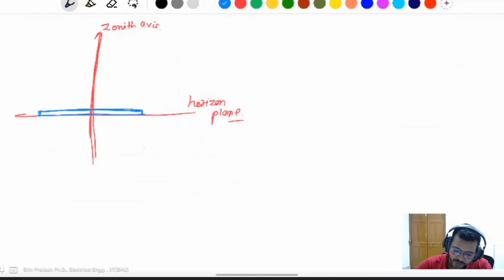But what happens if you tilt the surface like that, about some angle, like some angle beta?